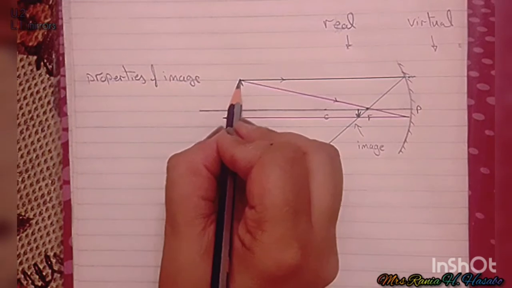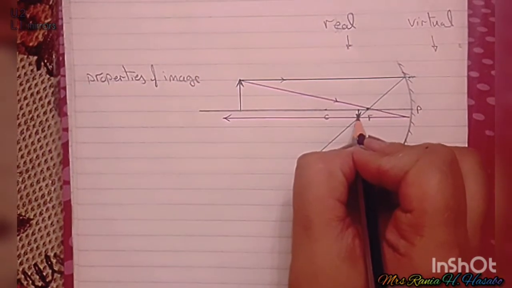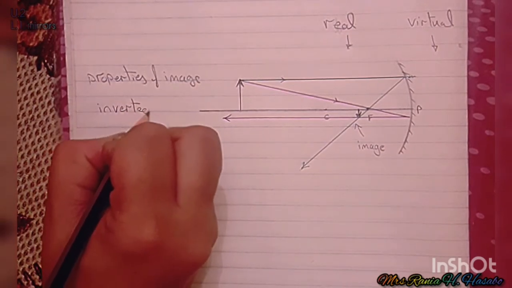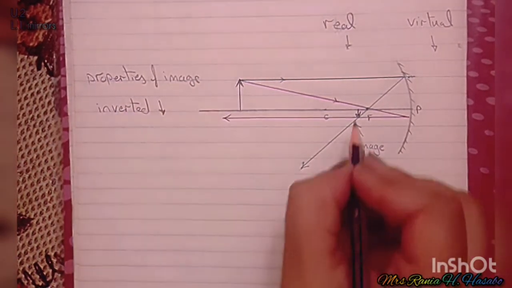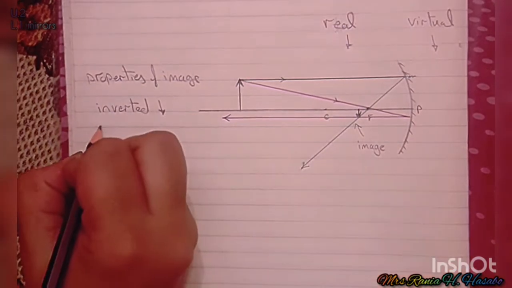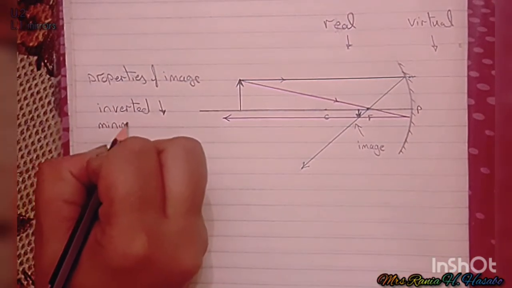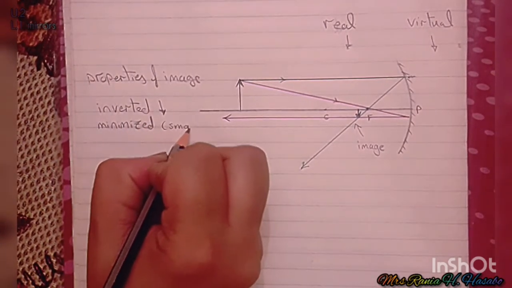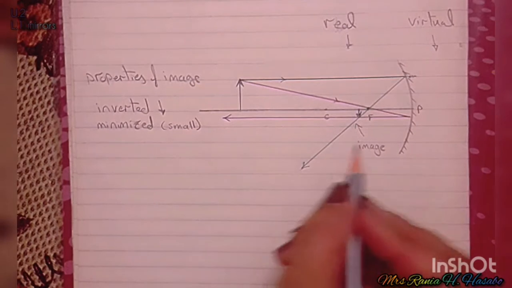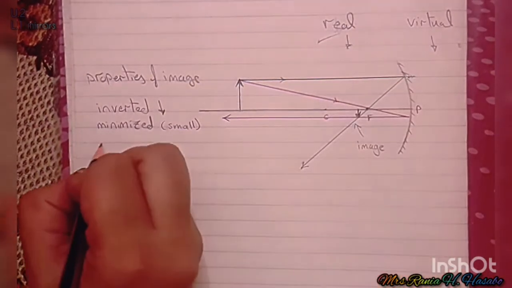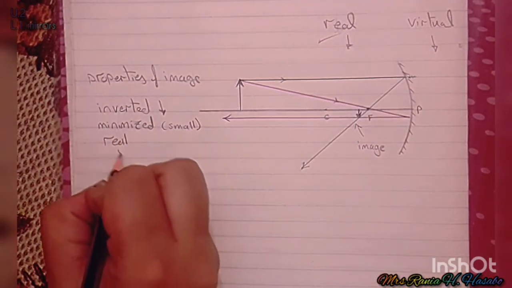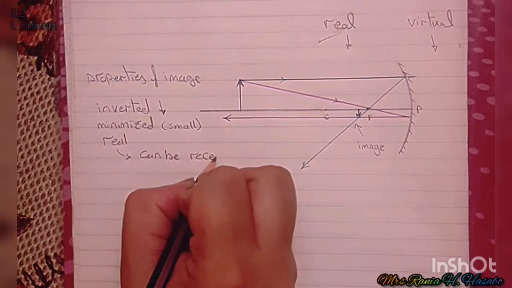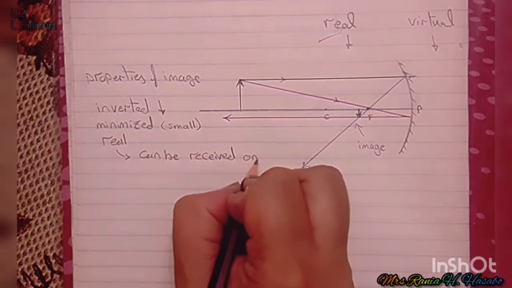The properties of this image: inverted, minimized, meaning small, and real, can be received on a screen as it is formed in front of the mirror.